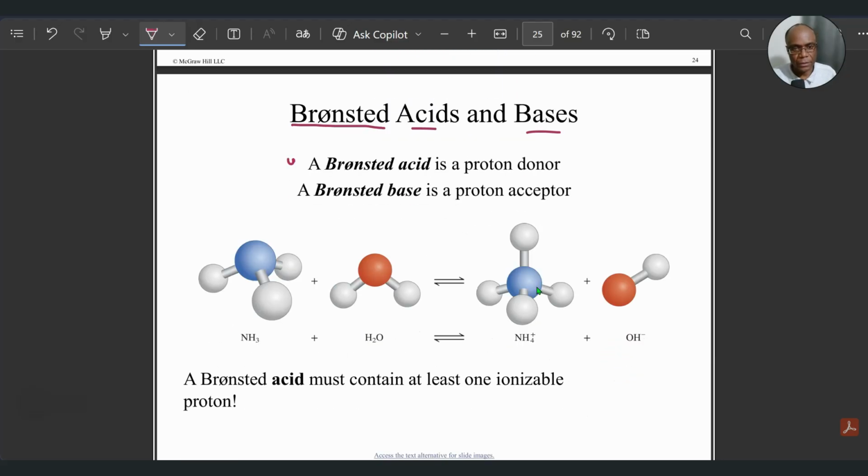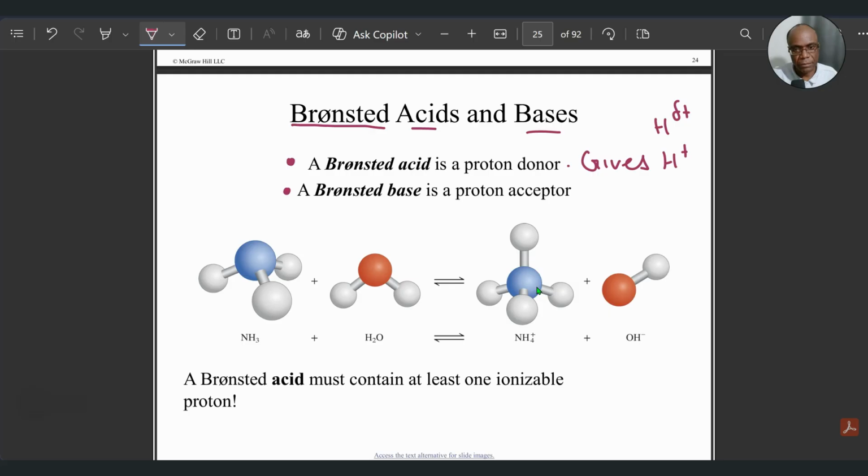So Bronsted said that an acid, now called Bronsted acid, is a proton donor, one that gives H plus or H partial plus given out. It means that the species that gave it out is an acid.